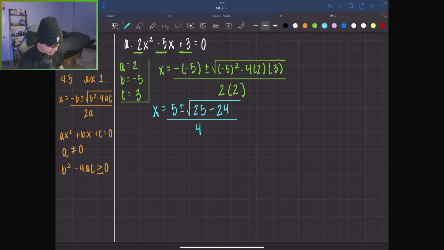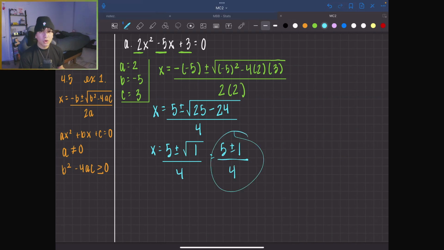All right, let's go ahead and solve within this radical. So x is going to equal 5 plus or minus the square root of 1, 25 minus 24, all over 4. So notice here, we have the square root of 1. Let's simplify that: 5 plus or minus 1 over 4.